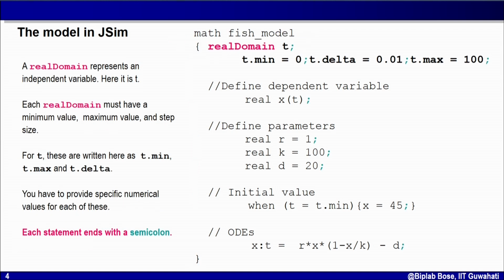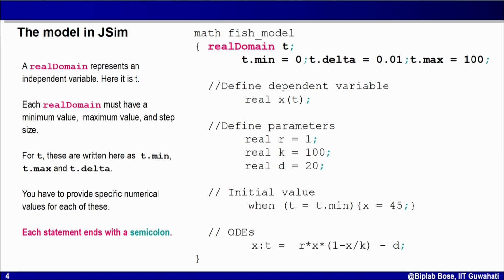Let us look into the other components. Now in our model, t is the independent variable. So everything else, the dependent variable, changes in the t domain. So we have to tell JSim that t is an independent variable and that is done by this tag, real domain.